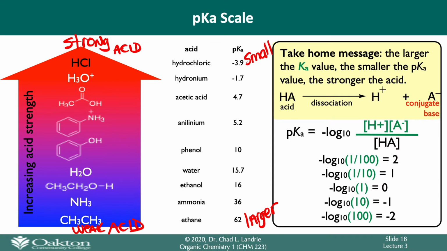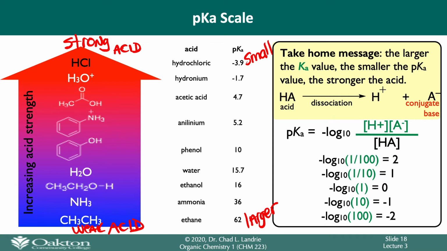Because this is a log-based scale, we're looking at numbers really no larger than 62, and then all the way down to -4 for hydrochloric acid. So that's a manageable scale. We can always convert pKa's back into Ka's, and you should do this as practice.